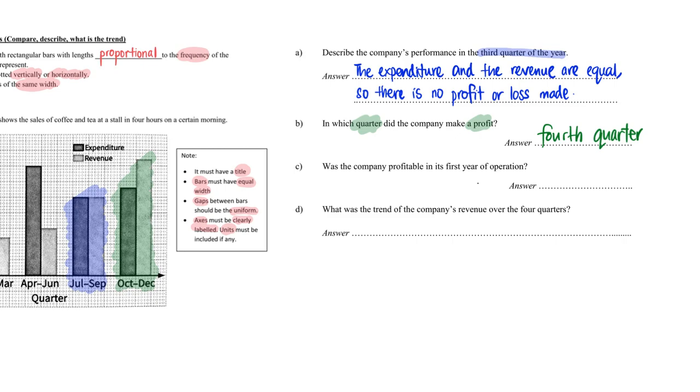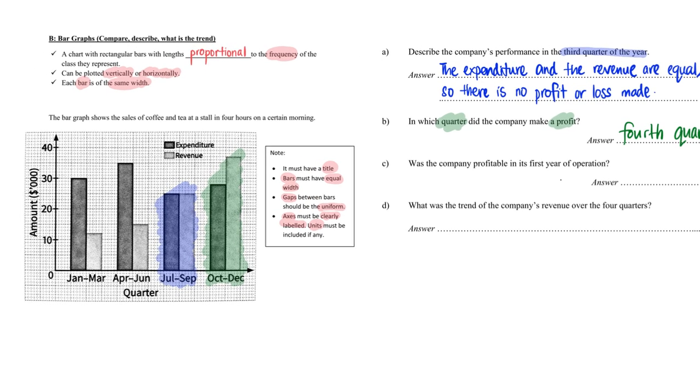Was the company profitable in its first year of operation? So from the graph itself, right, we can immediately see that the expenditure overall is more than the revenue made.